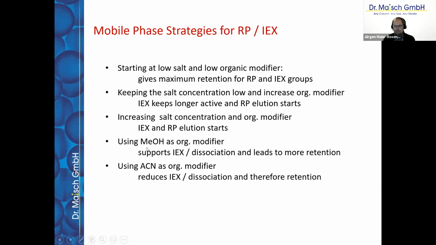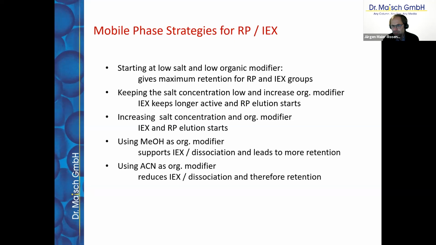The other possibility is to change the organic modifier. If you are using methanol as organic modifier, it supports the ion exchange interactions and also the dissociation, and therefore it leads to more retention for the compounds which have ion exchange interactions.